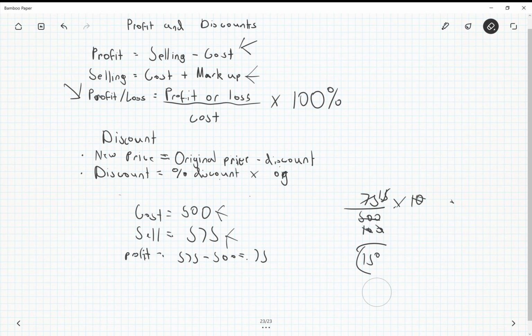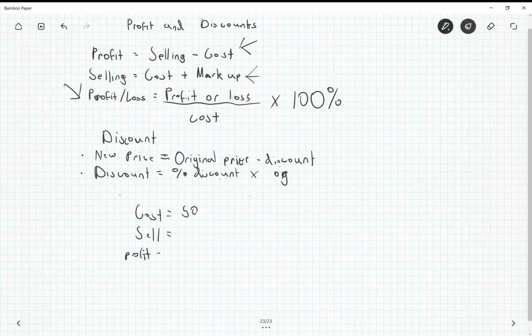Now we'll be going through two equations in discount. So discount is basically the amount by which an item is marked down. So let's say we are selling something for $100, but then we want to take off $10 as a discount.